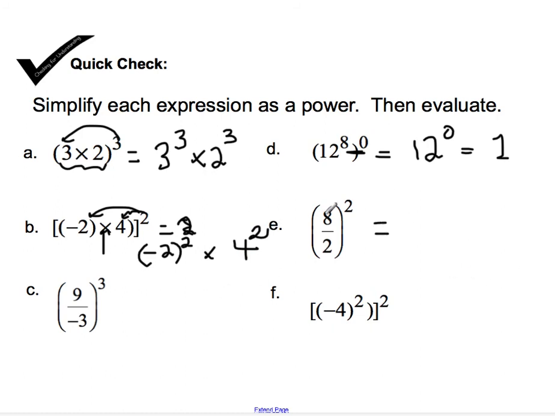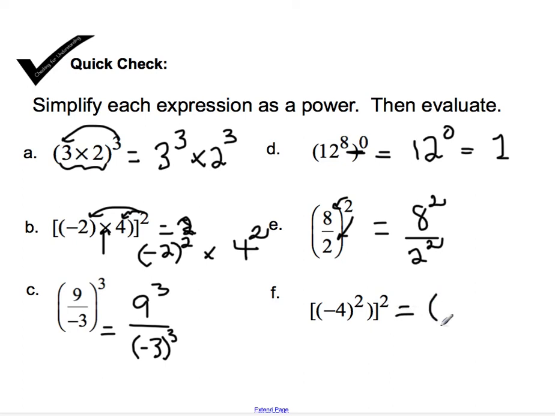In this case, it's a quotient, so the 2 goes to both of them, or the squared goes to both. So 8 squared and 2 squared. In this one, we have 9 cubed. And this negative is in the brackets to that exponent, so it must stay in the brackets to the exponent.